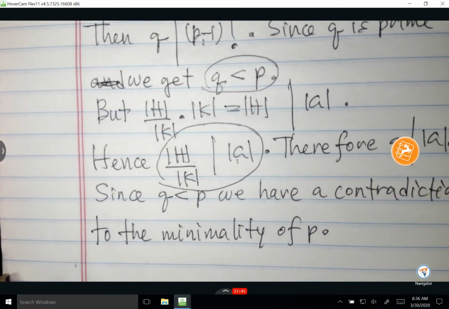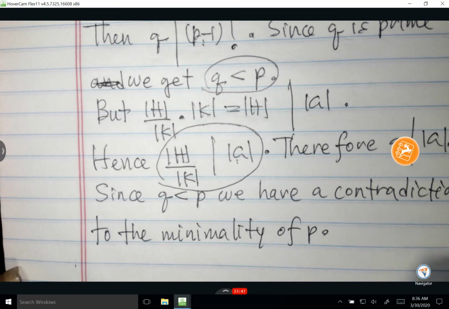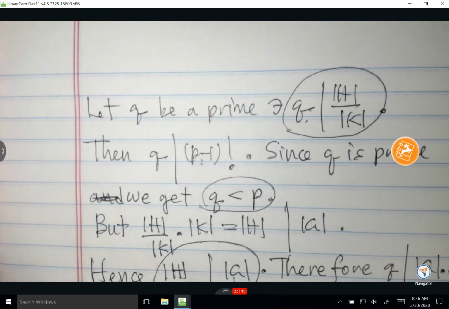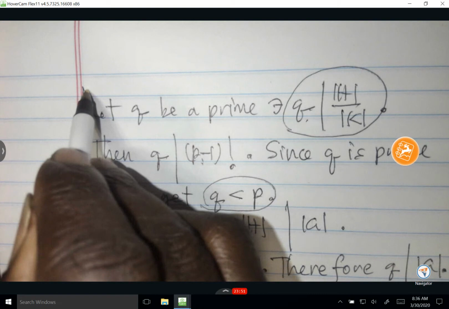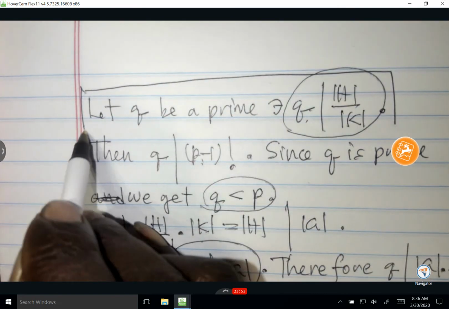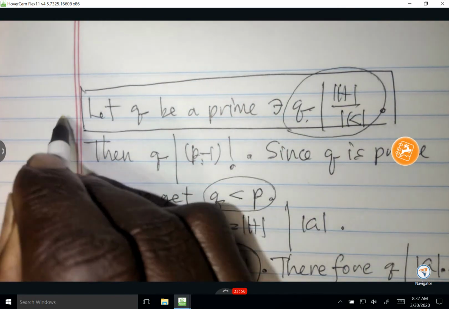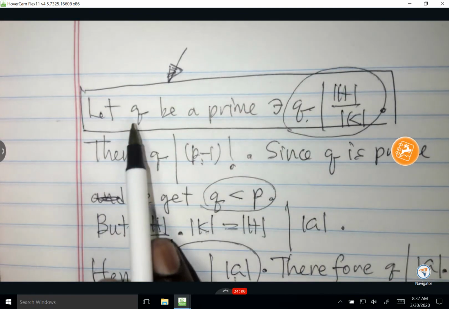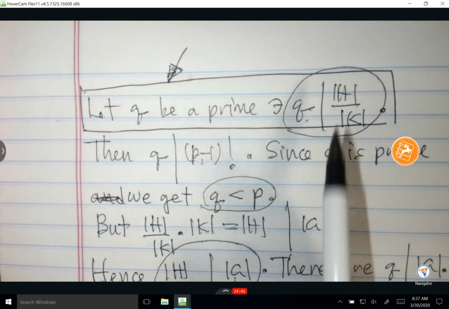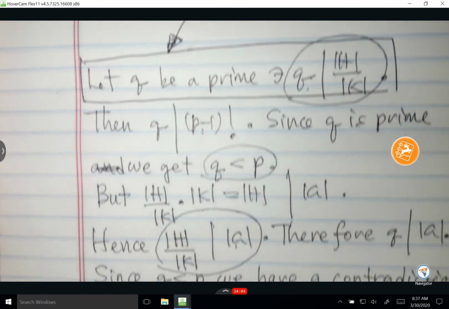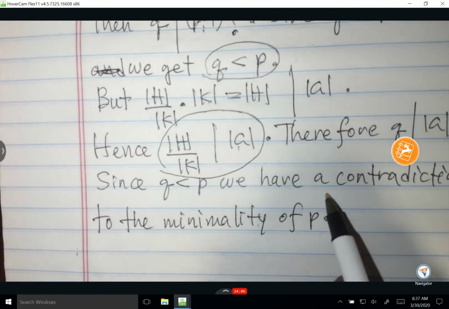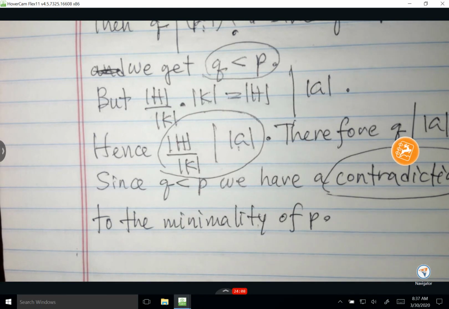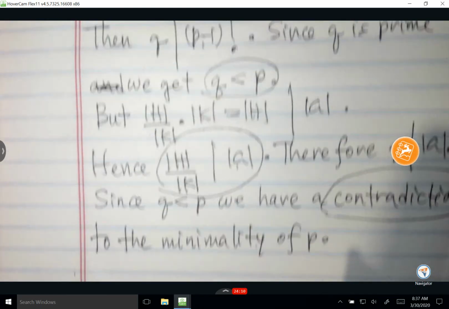So what does this really contradict? Well, look at what we did. Look at where we started. We started right here in the big box. We took a prime that divided this number and got a contradiction. That means there's no prime that divides this number.